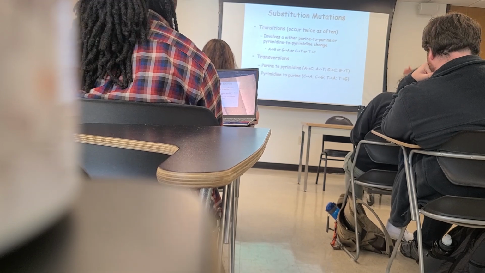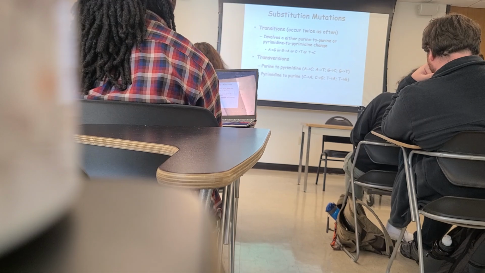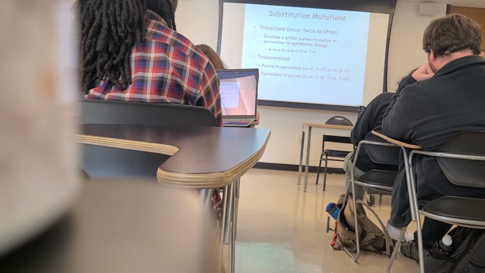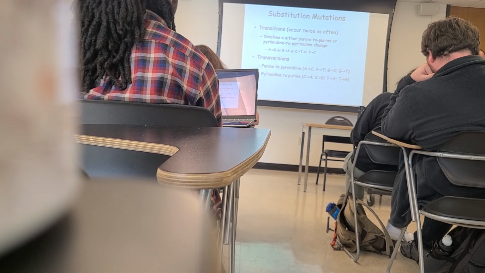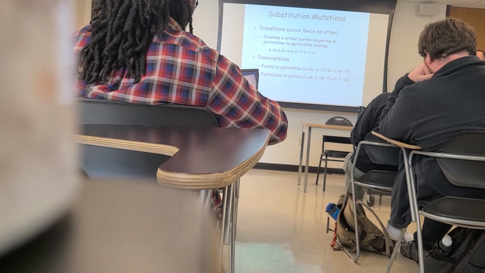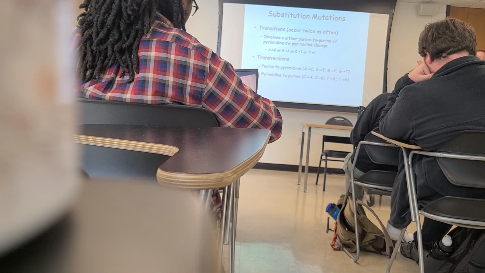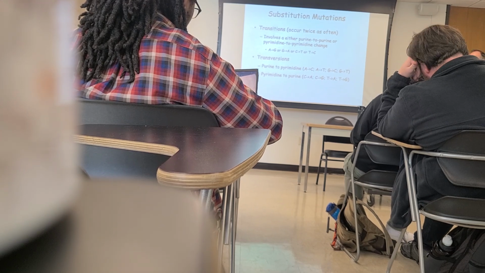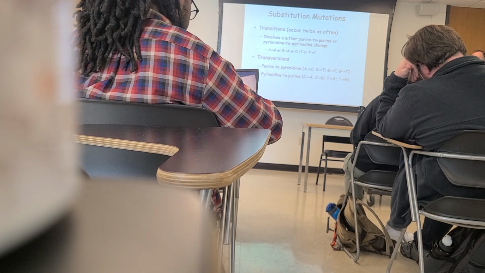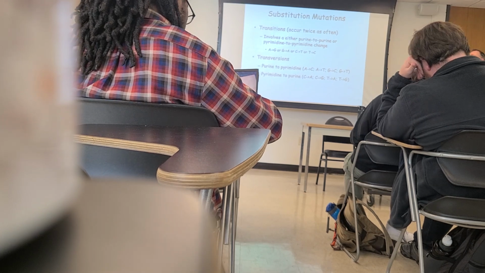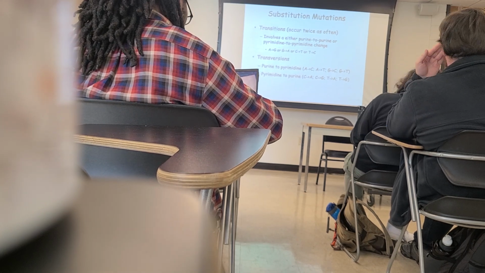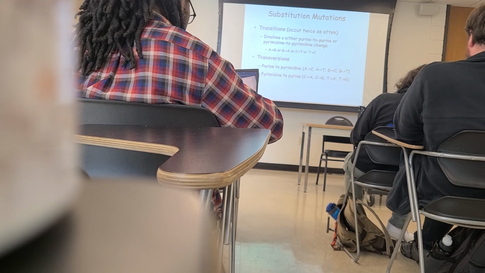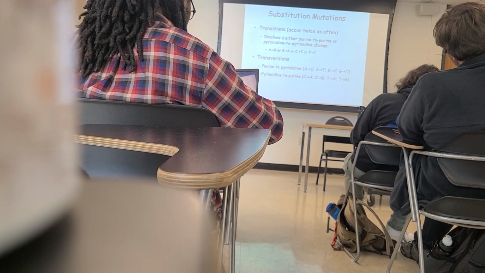Transition mutations are defined as purine to purine or pyrimidine to pyrimidine. These are the most common type of mutation that we see. They're about twice as likely to occur compared to a transversion. It's either because of a mutagen affecting a change, or it's because of replication, DNA polymerase adding the wrong nucleotide.